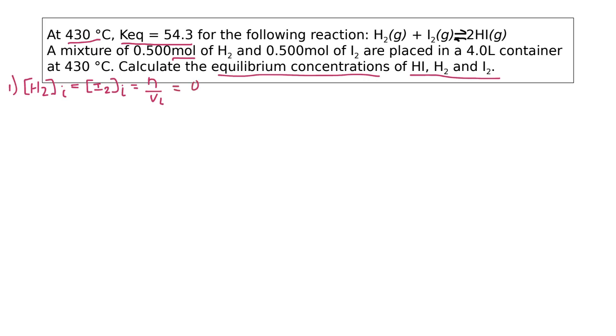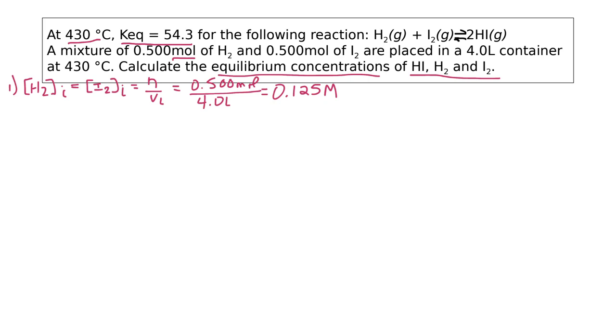So we're going to sub in 0.500 mole, divide by 4 liters, and we're going to get an initial concentration of 0.125 molar. And we'll worry about significant figures towards the end of the question.